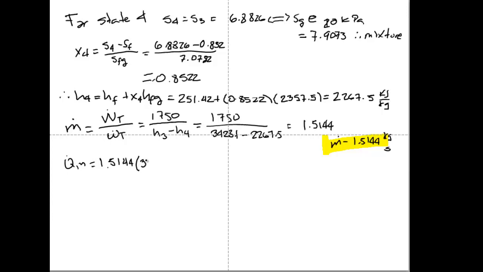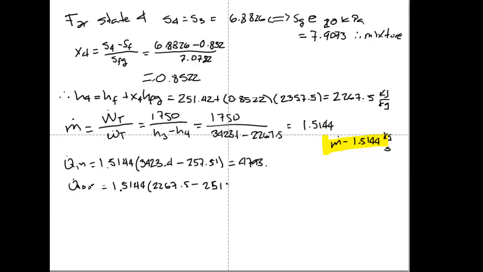It's 1.514 times the enthalpy difference: 3423.4 is the enthalpy at the end of the boiler, 257 is the enthalpy at the inlet, so the difference is the total amount of heat that we add per unit mass. Multiplied by the mass flow rate, we had 4,794. We do the same for the heat rejection, and we can get our value. In this case it will be the heat that is being rejected in the condenser.